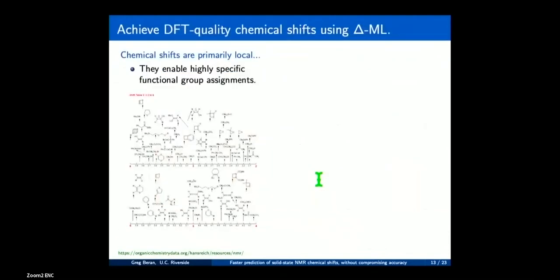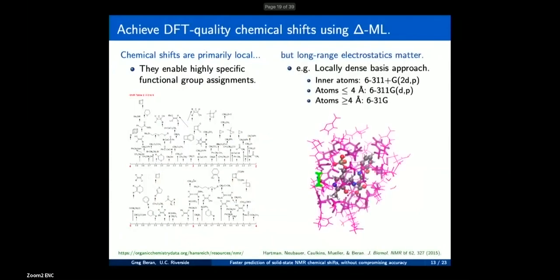So the way most machine learning models work, at least the pure ML ones, is they use some sort of local descriptor that describes the local environment of the system and uses that to infer the chemical shift. And this fits very naturally with NMR, right? It's a local descriptor. We know it's useful for identifying functional groups, things like that. But it's also modulated by the longer range electrostatics.